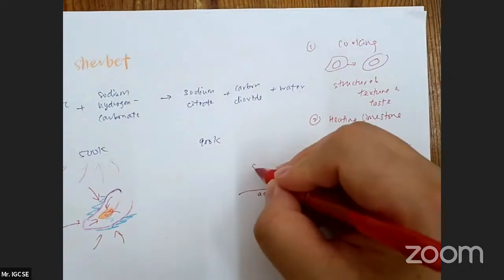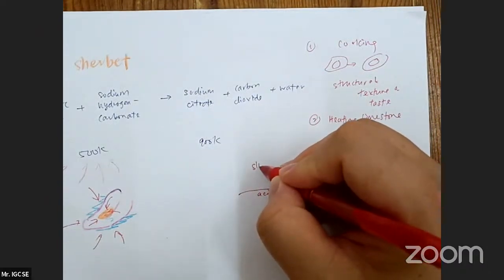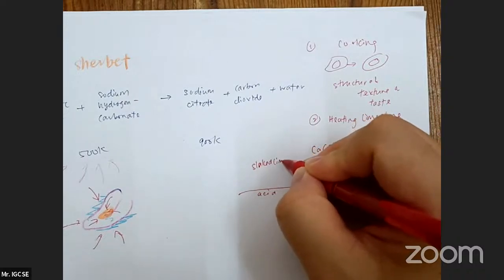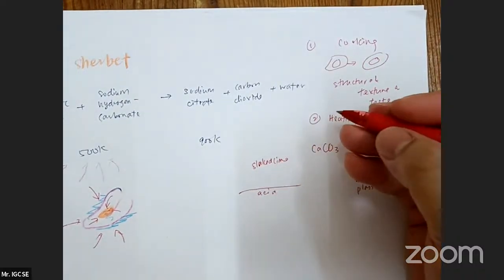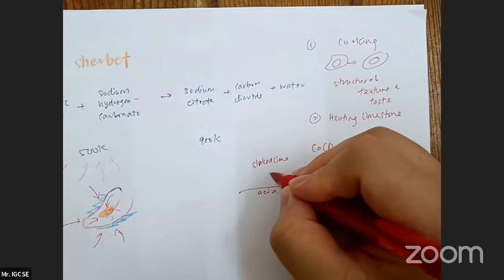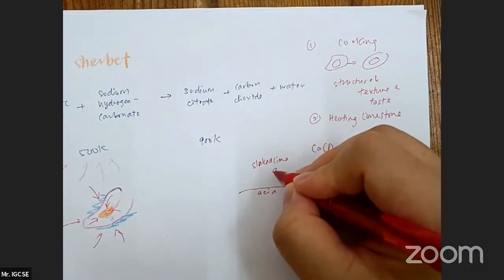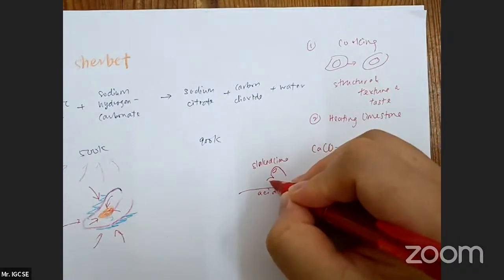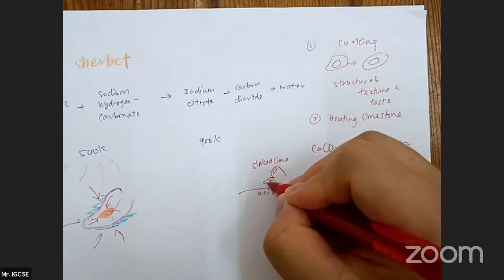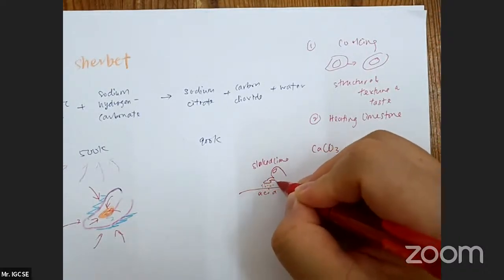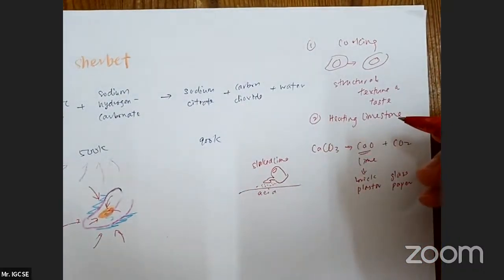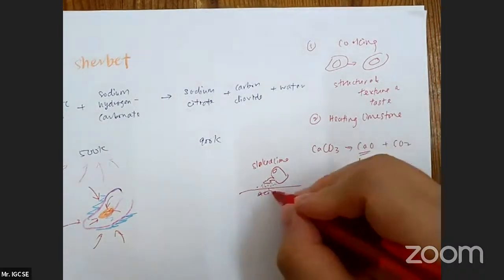Then we can pour this slaked lime here to neutralize the acid, so that the acid is no more.